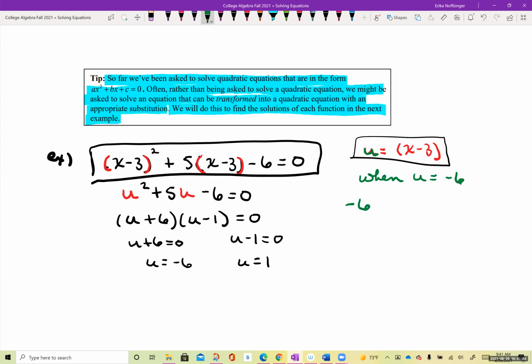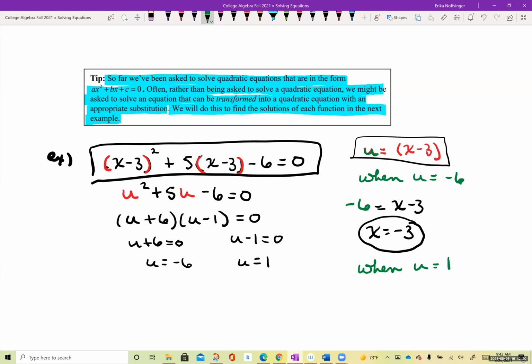So we have -6 is equal to our x minus 3. So if I solve for my x value, I can add 3 to both sides. So I got -6 plus 3, which is -3. So there's one solution.